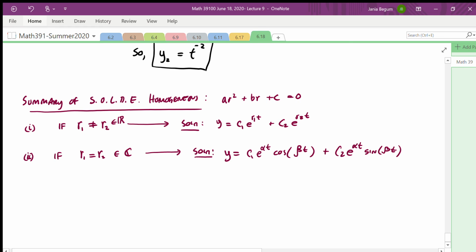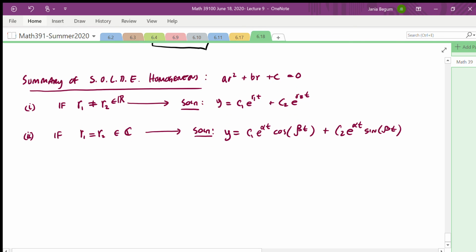Or you can factor out e to the alpha t, that's up to you. And the last case is if the roots are repeated.